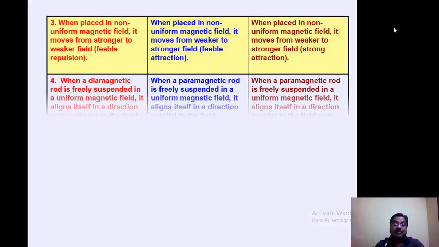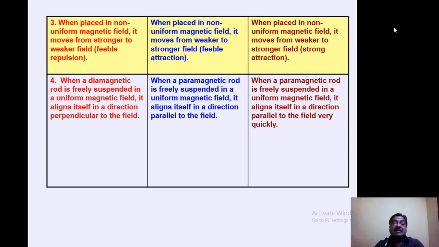Then the third property: when placed in a non-uniform magnetic field, diamagnetic substances move from stronger to weaker field, whereas paramagnetic substances move from weaker to stronger field with feeble attraction.